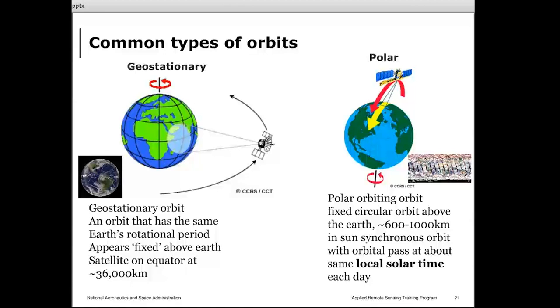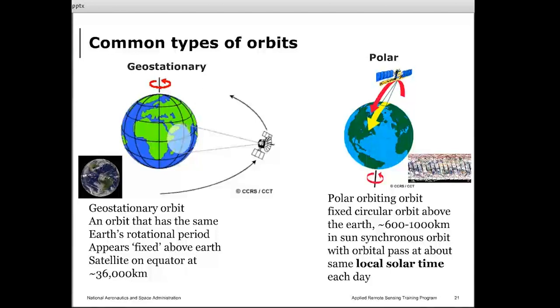As the satellite moves around the pole, the Earth turns underneath it, allowing complete coverage of the Earth. So instead of the satellite rotating around the Earth, the satellite rotates pole to pole, and the Earth underneath it rotates, and that way the satellite sees different parts of the Earth at different times, and that's how it can cover different parts of the Earth.